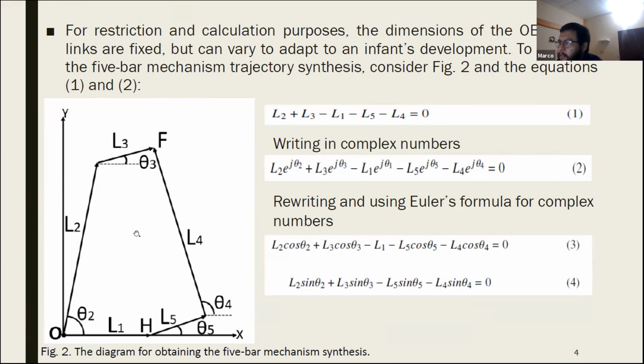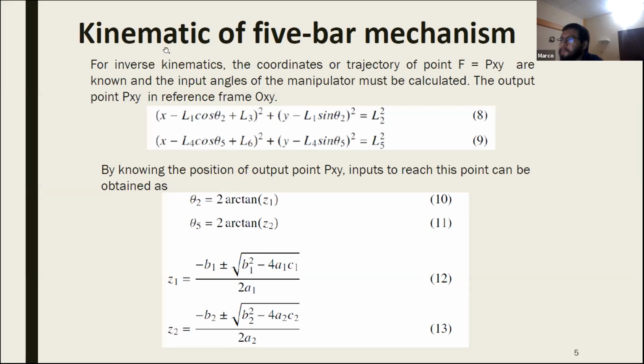Equation 1 is written as a complex number, using the Euler formula. Kinematics for the 5-bar mechanism. For inverse kinematics, the coordinates of trajectory point F and Pxy are known and the input angles of the manipulator can be calculated.